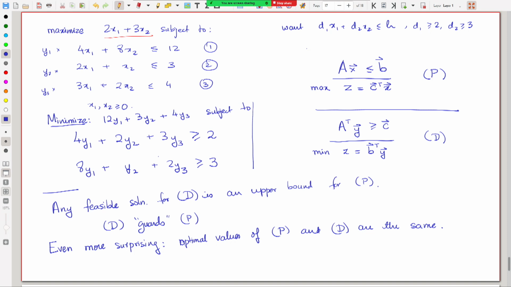Suppose I add up these two equations, then I get 12y1 plus 3y2 plus 5y3, which is certainly greater than or equal to 12y1 plus 3y2 plus 4y3, is greater than or equal to 5. So my 2 has increased to 5, which is an even better bound. Oh, look, this 5 and that 5. So this 5 must be the optimal value, just in this example.